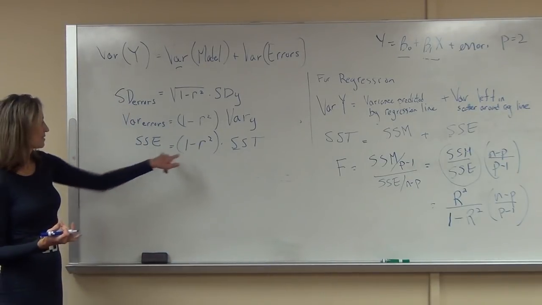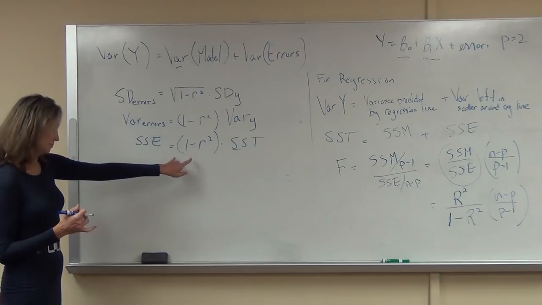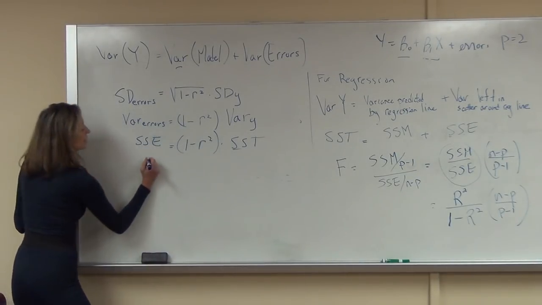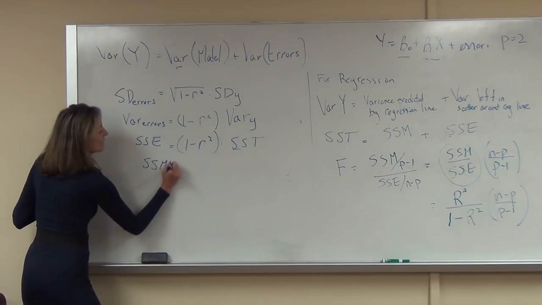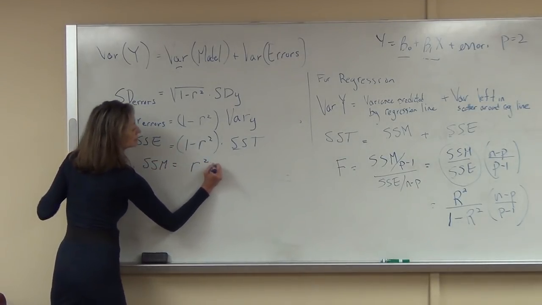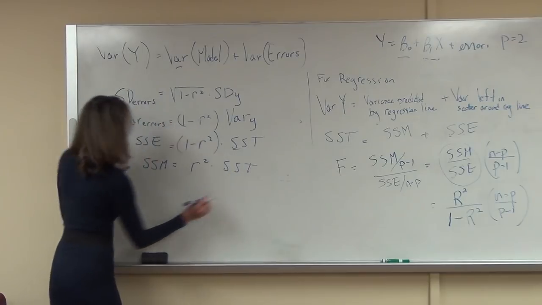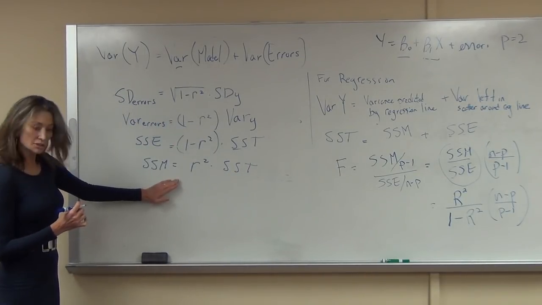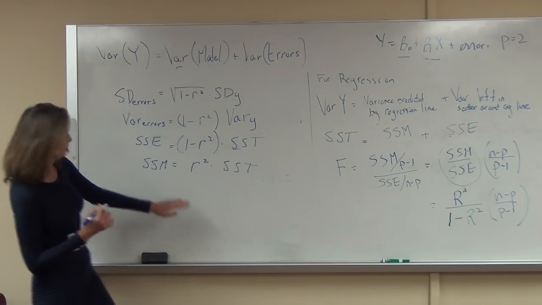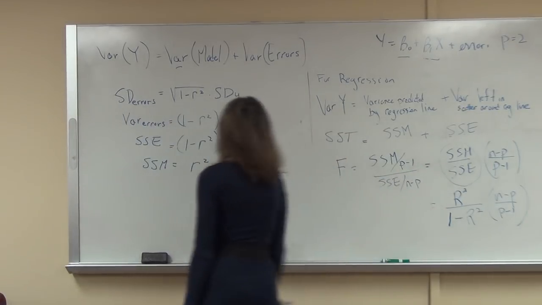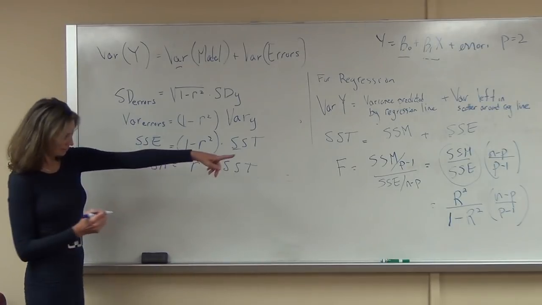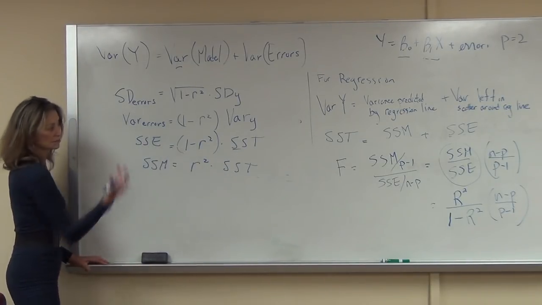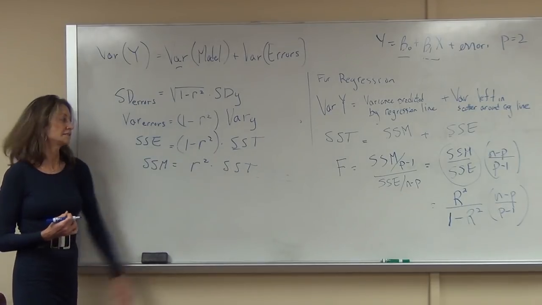So, if 1 minus R squared times SST is SSE, then SSM has to be R squared times SST, because they have to add up to 1. So there we have our relationship here. So instead of writing SSM and SSE right there, we can write R squared over 1 minus R squared and cancel out the SSTs.